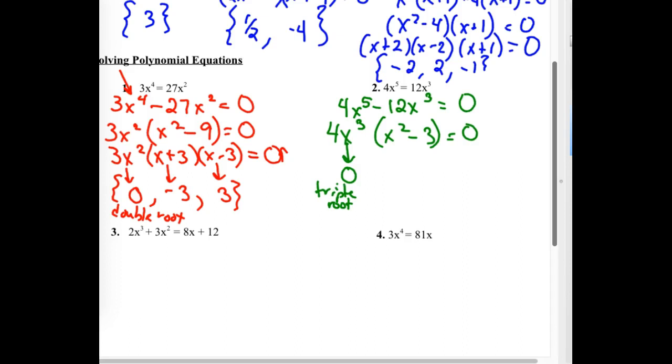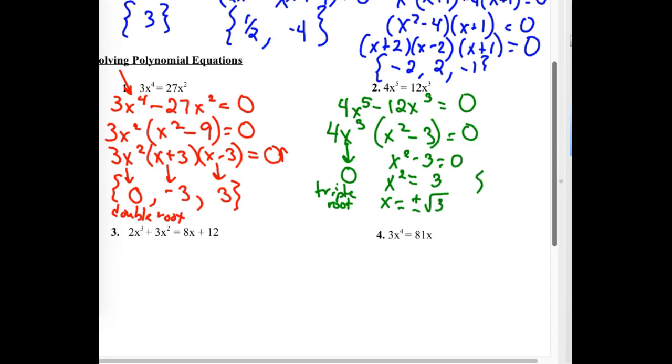How many total answers am I supposed to have? I'm supposed to have 5. So my other 2 have to come from this x squared minus 3. If I tried to solve this, figure out what makes it 0, I would be adding the 3 over, and then what? Square rooting, and remember when we square root, we have to account for both the positive and negative root.